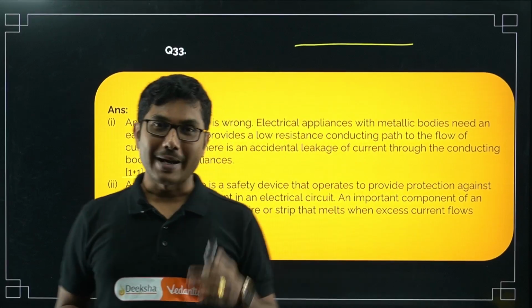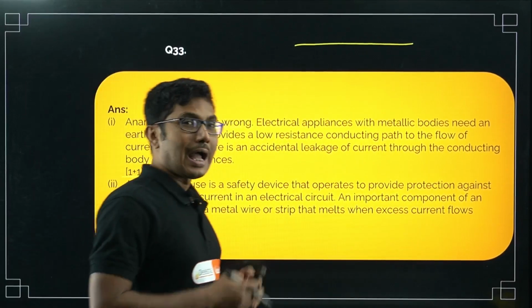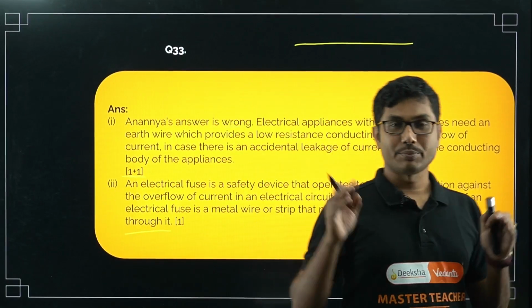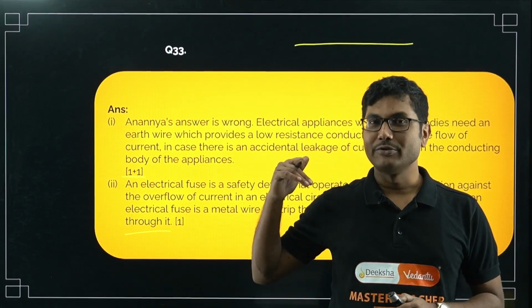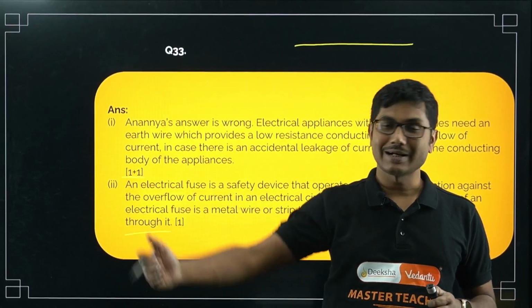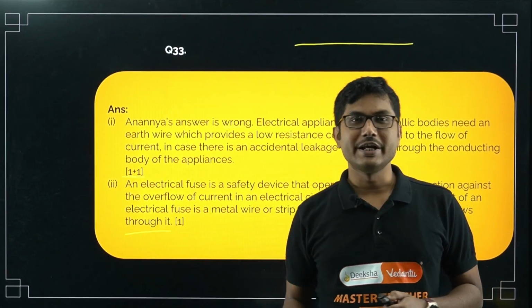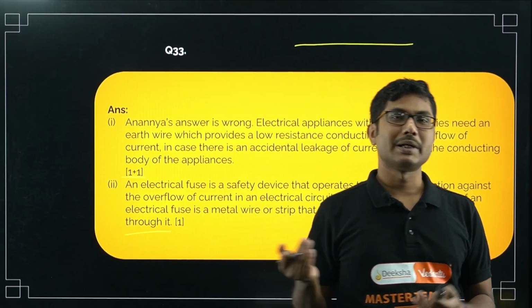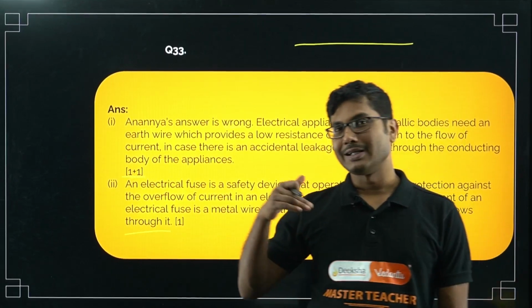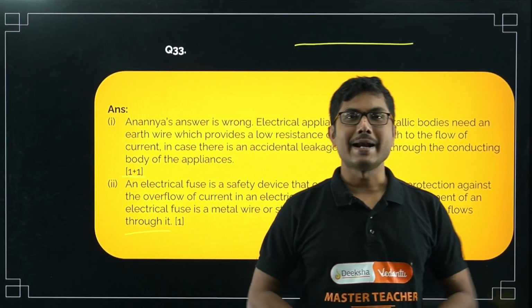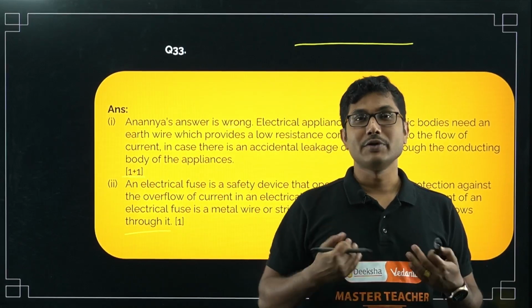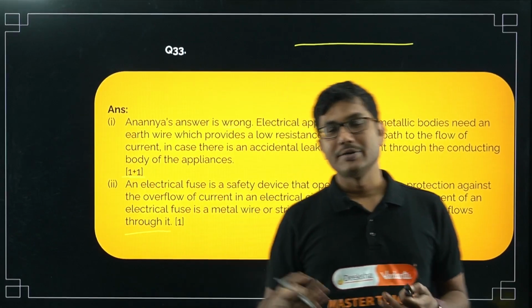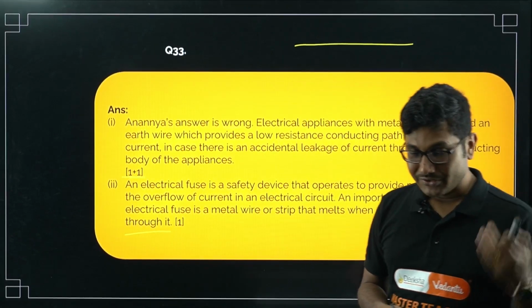That is called a magnetic circuit breaker, which works on the same principle as a fuse. The only difference is that a fuse gets burned because of a higher current, or more heat being generated. In a magnetic circuit breaker, it does not get burned. It only trips, and you can reuse it. In case of a fuse, you have to replace it with a new wire or new strip, right?